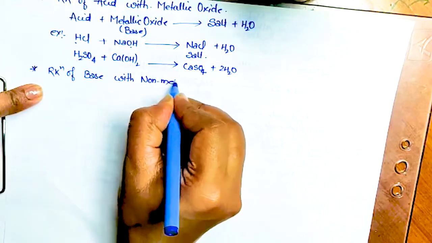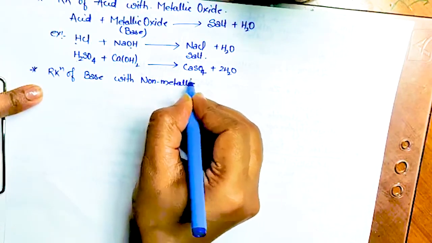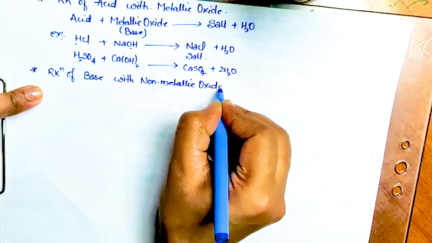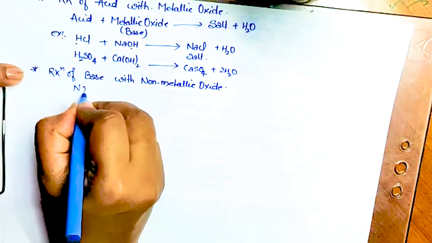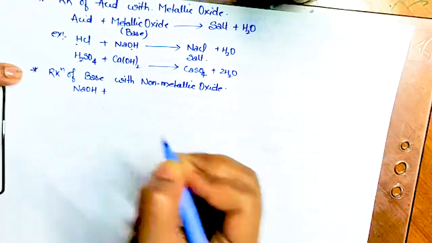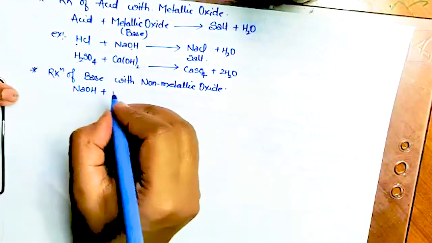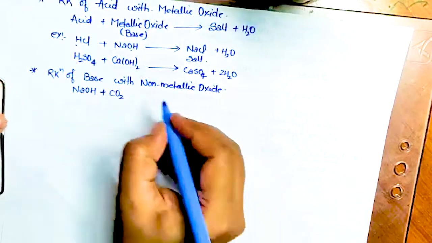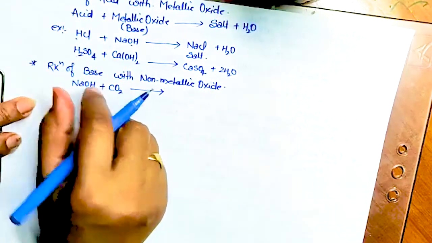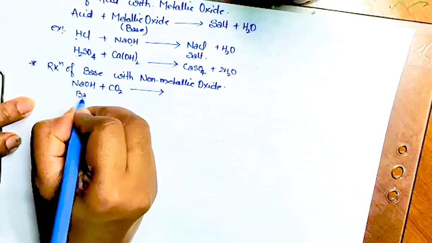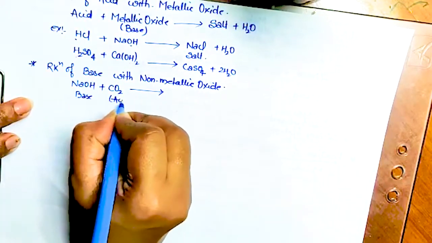Non-metallic oxide, isn't it? Okay, so take any base like NaOH and take any non-metallic oxide like carbon dioxide. So what will it form? Tell me. This is a base, and here it is acidic in nature.